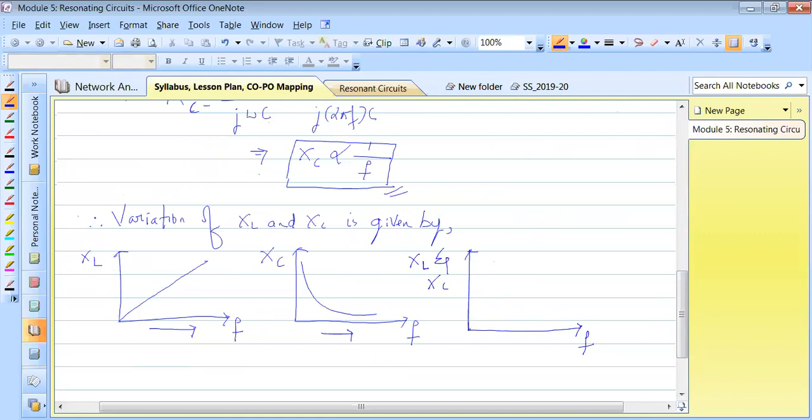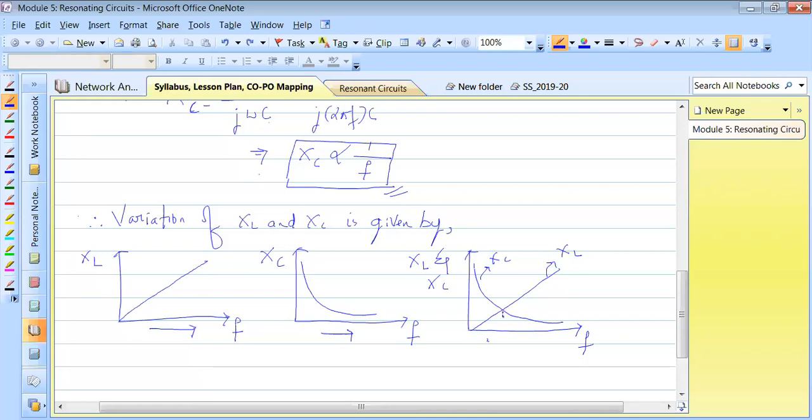As we saw, XL is increasing and XC is decreasing. So this is XC, this is XL. Now, what's happening? You see this point?